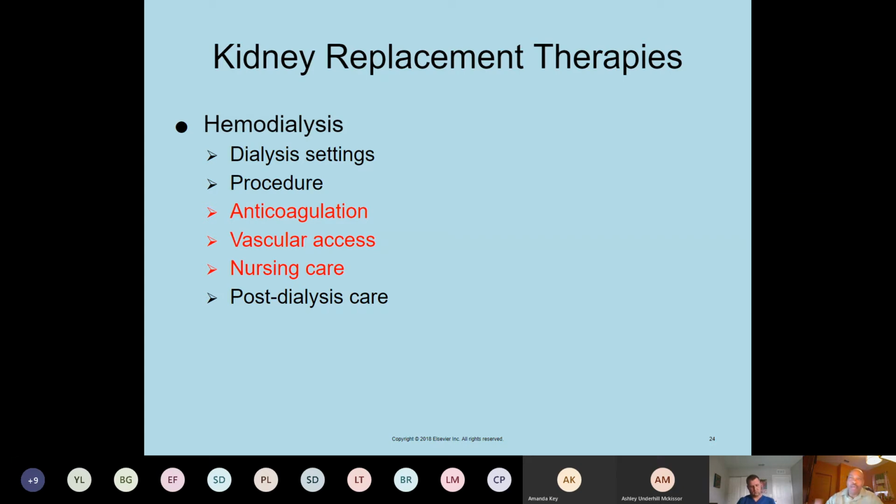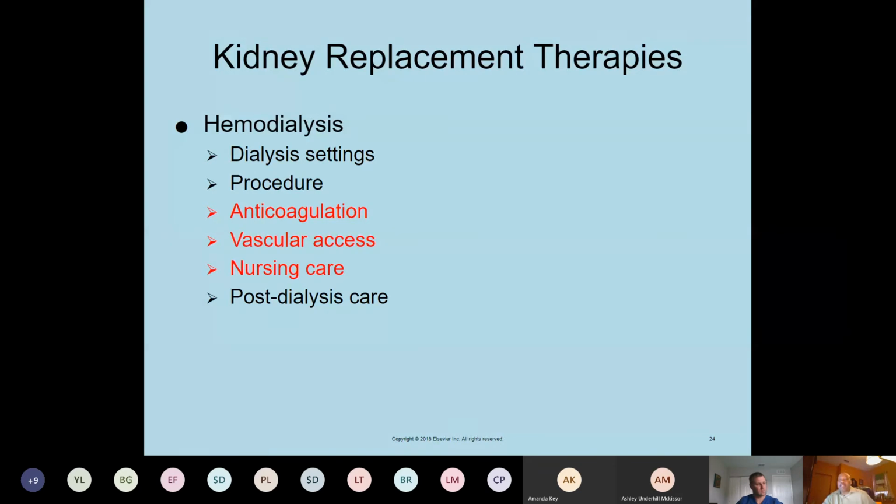So if they have an OD or some kind of poisoning for whatever reason, then this is an indication for hemodialysis. Because dialysis can dialyze these drugs, this poison out of the system. All right, these are just reasons why we have to do dialysis.